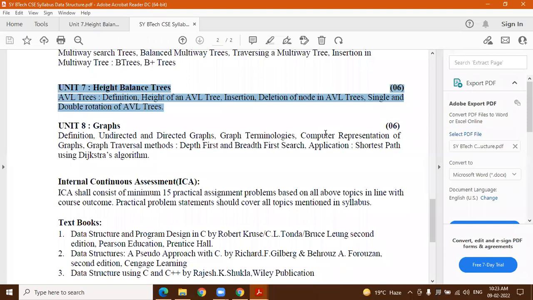The same real-time approach we are following in the case of a tree also. Here we consider the root as the center, and at the left side we consider the left subtree, and at the right side the right subtree.